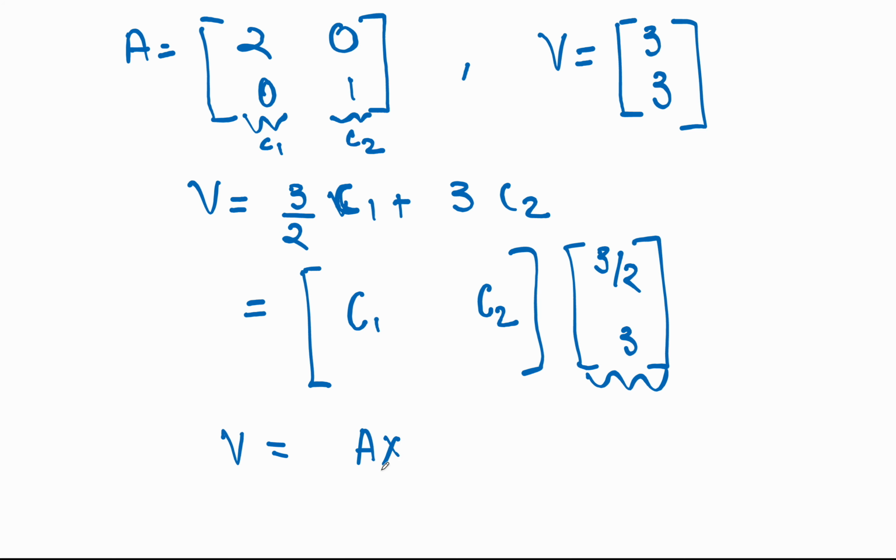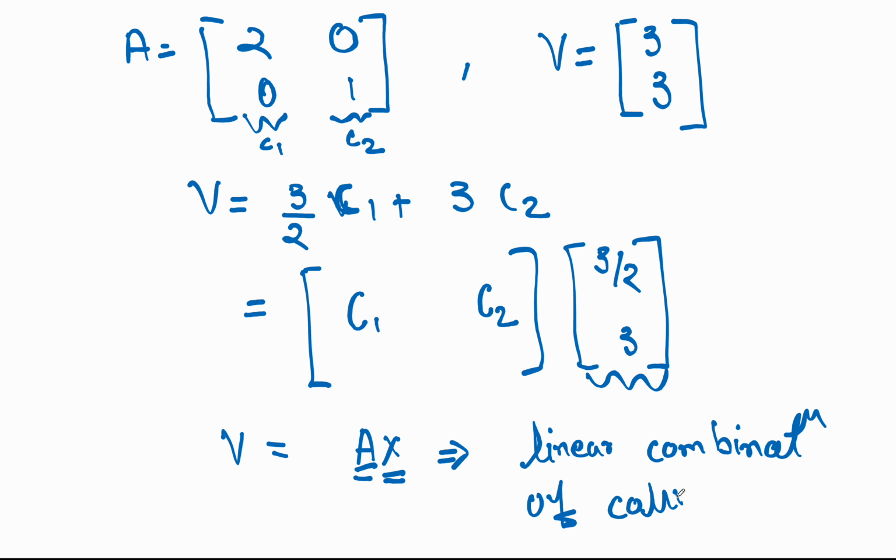Okay, so we can see that if we have A and we multiply it with some vector, it gives the linear combination of columns of A. So you can see that A has 2 columns, C1 and C2, and after doing the multiplication AX, what we finally get is some constant times C1 and some constant times C2.